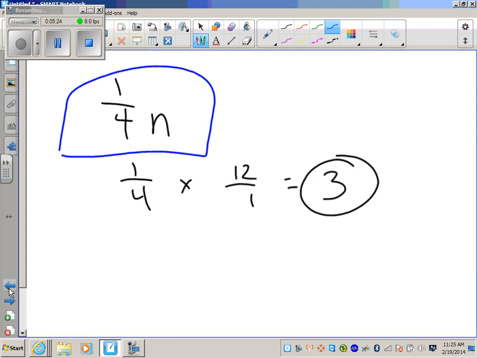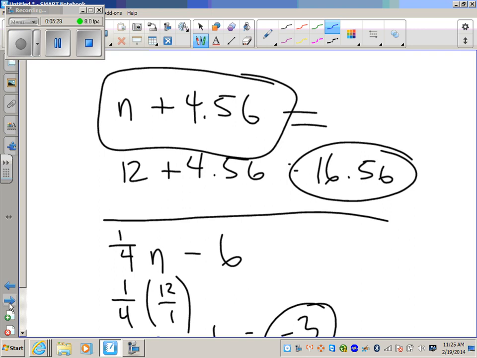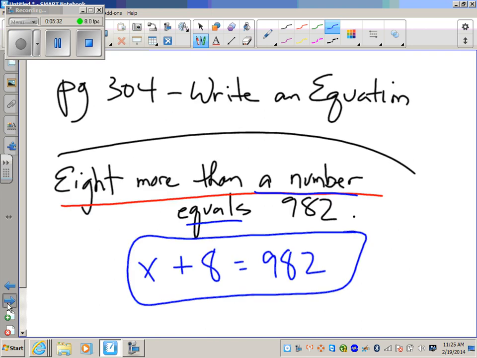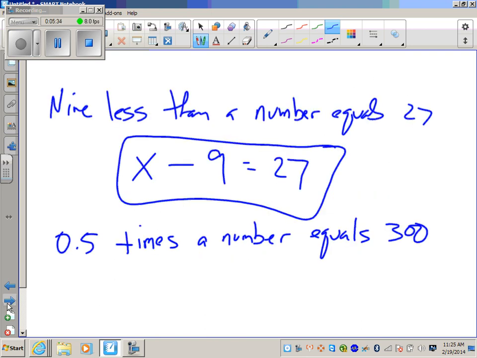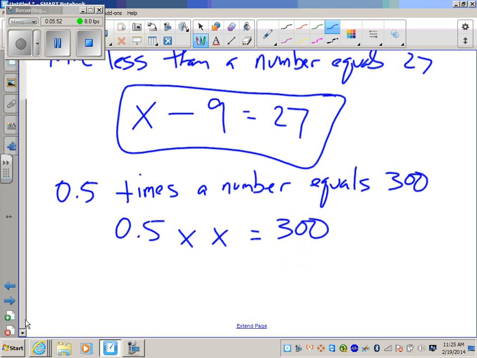So if I'm using x to represent my variable, do I really want to show it this way? Give me a way I can make that just a little bit more concise. Instead of 0.5 times x, yeah, good.